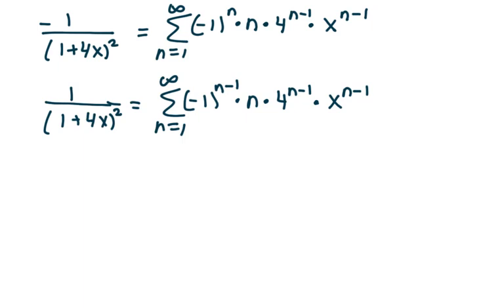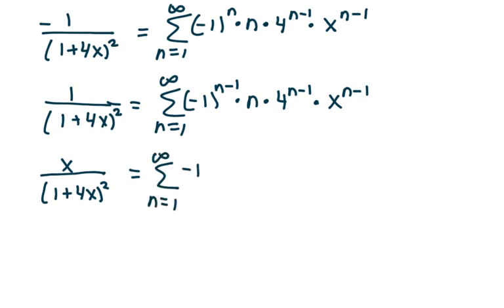And if I multiply through by x, I'm done. So x over 1 plus 4x squared is the summation from n equals 1 to infinity of negative 1 to the n minus 1 times n times 4 to the n minus 1 times x raised to the nth power.